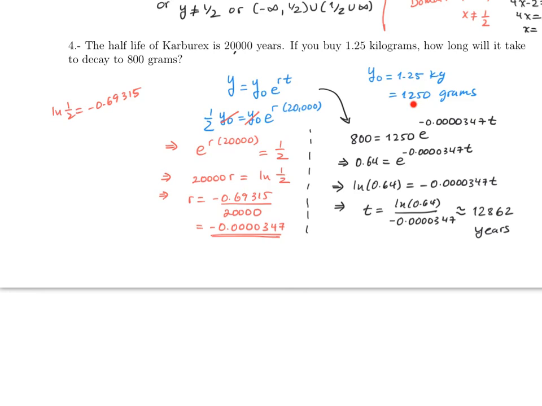So therefore, in 20,000 years, you will have 625. Since you want 800, which is more than half, it should take less than 20,000 years, which it does. It's 12,862. So the answer makes sense.